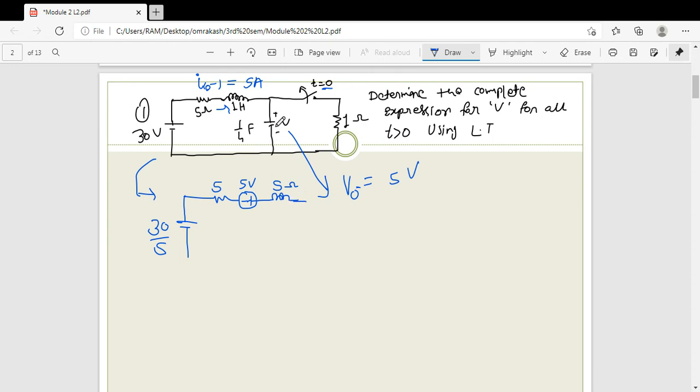And the capacitor becomes 1 by Cs, and 1 by Cs means 4 by S. The initial voltage is 5 volt, so 5 volt becomes 5 by S volt.